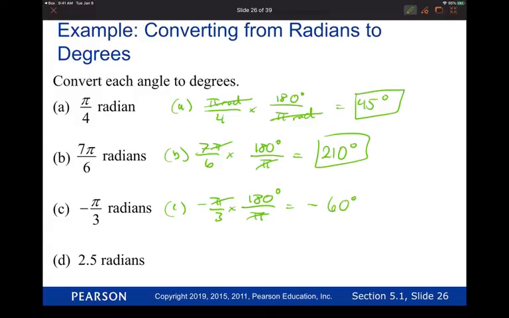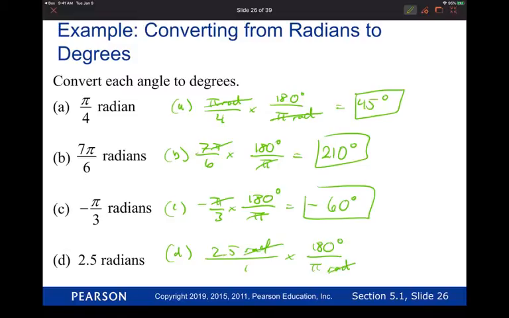And then part D. It has 2.5 radians. So this one is times 180 degrees over pi radians. What cancels here? What persisted here that didn't persist in the others? The symbol pi.